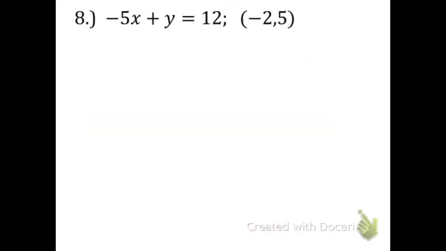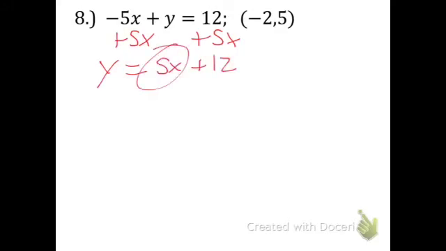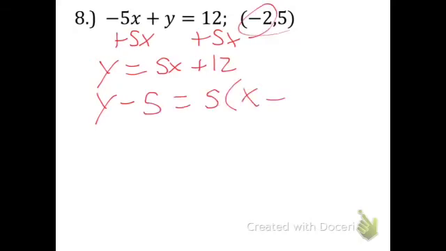Moving on to 8, I'm going to add 5x to both sides. We want to get y by itself. So now we're looking at y equals 5x plus the 12. And we're going to use that 5 now as our slope. And so now using our formula again, y minus the y value on the point equals 5 times x minus our x value of negative 2. Subtracting a negative, same thing as adding positive.